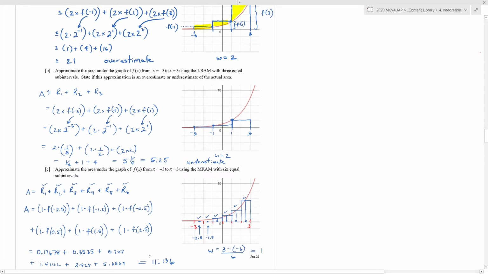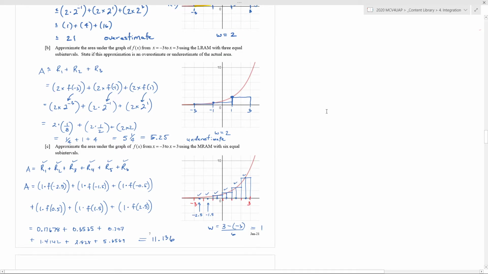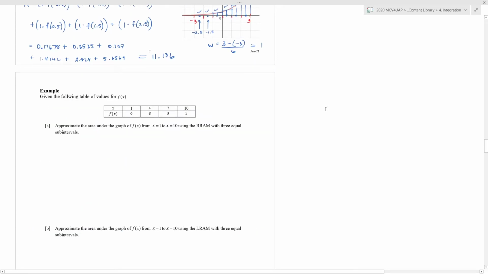So that's how you would do it given a function. Now, quite often on AP exams, you'll be given something like this, which is just a table of values for a function. And you're going to be asked to approximate the area under the graph using different approximation methods, using RRAM, LRAM, or the midpoint.